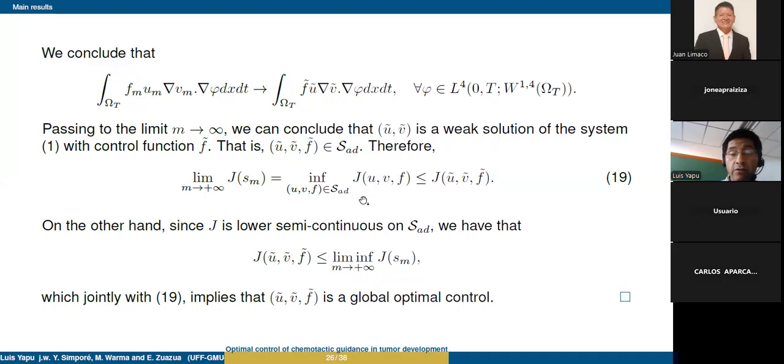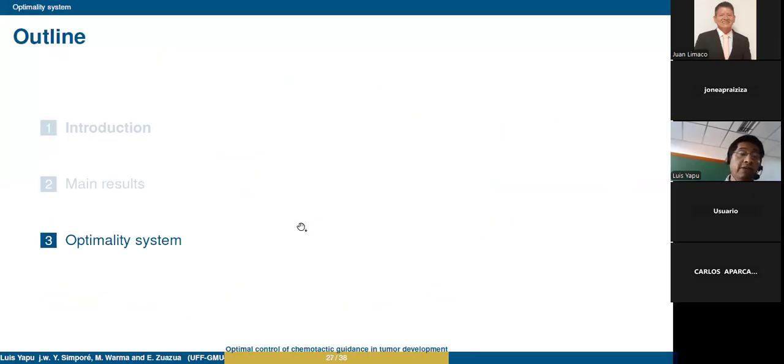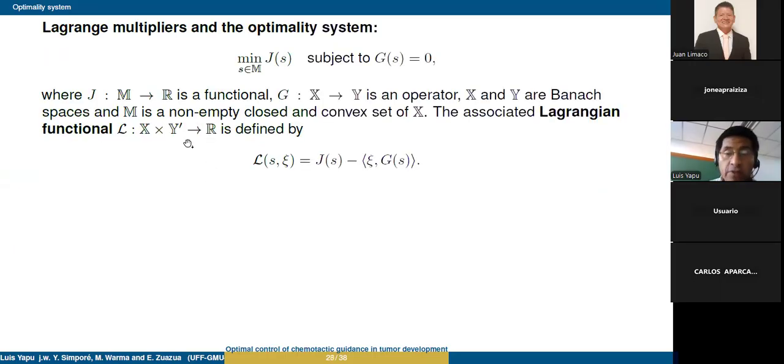And now we need a way to compute those optimal controls. It will be given by the optimality system. Following the three preceding works I presented, we also choose to work using a general theory of Lagrange multipliers.